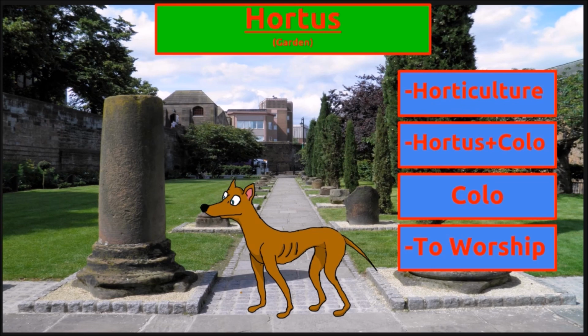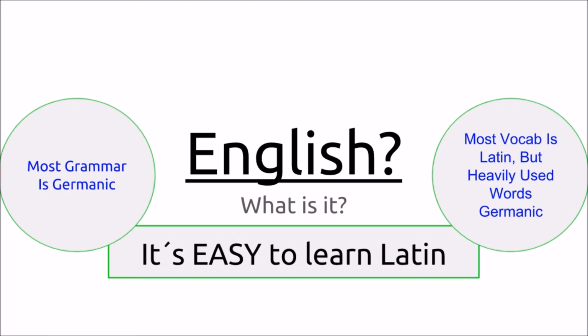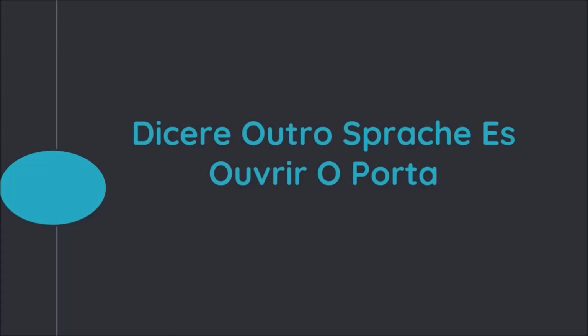Horticulture is cultivating a garden. When you break down a word, it makes so much more sense. And it's a lot simpler if you know where that word came from, which is 60% of the time Latin. English, what is it? It's mostly Latin. Yes, the grammar may be Germanic, but most of it is Latin.